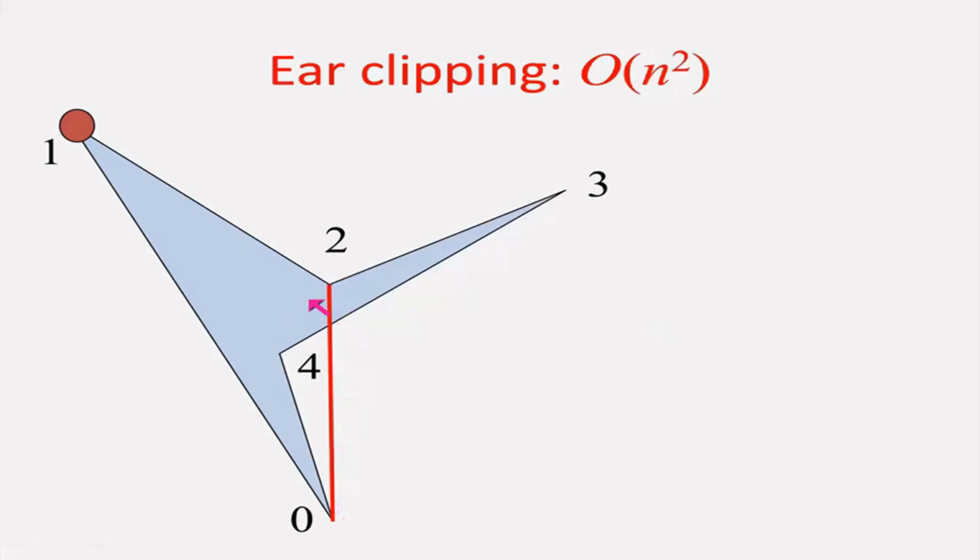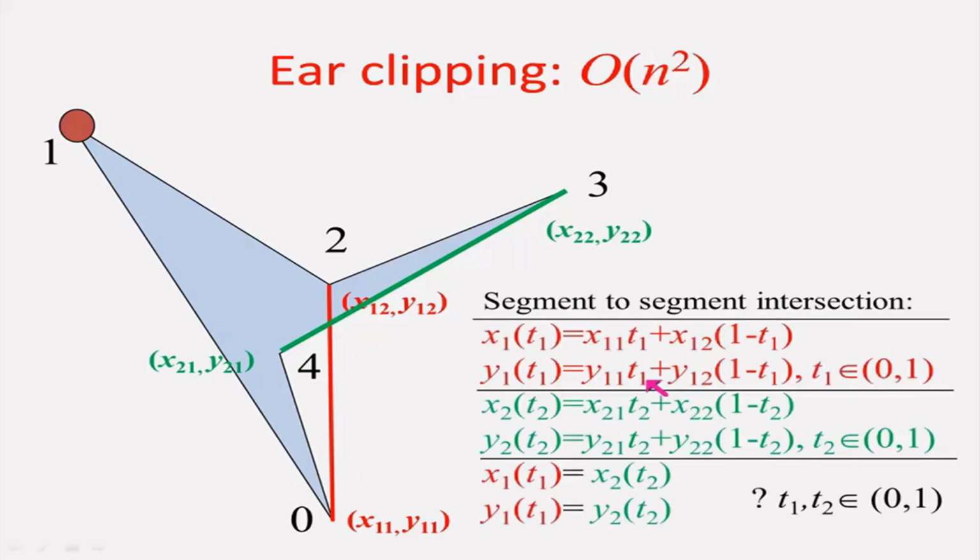We can skip those edges that share a vertex with the tested diagonal candidate, since there cannot be a second intersection between two lines. We can skip also this and that, and the first serious case is the edge connecting vertices 3 and 4. A line segment is a convex combination of its two endpoints.